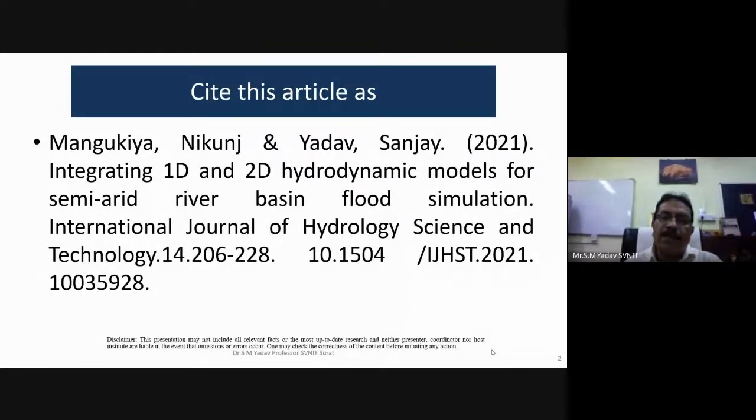So basically, I am going to discuss the extreme precipitation, and because of that, the flood which was generated in the Banas river, which resulted in loss of life as well as damage worth lakhs of rupees.